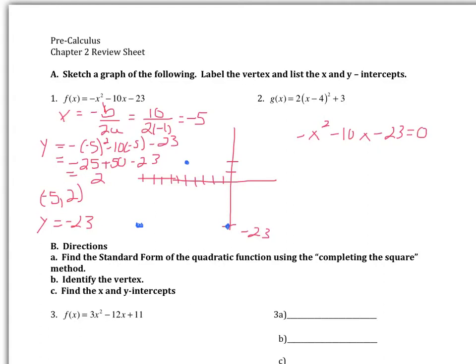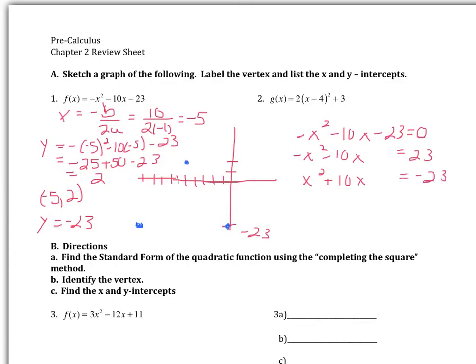And then I'm going to add 23 to the other side. And I can't complete the square yet because of the negative in front of the x squared. So I'm going to multiply through by a negative.